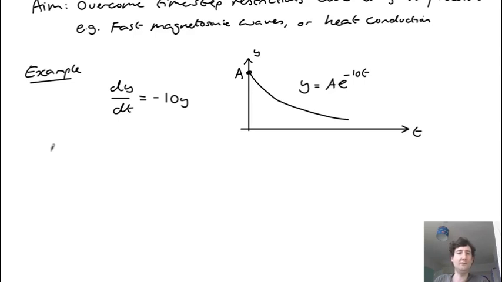These are called explicit schemes. The simplest explicit scheme is an Euler method, but this also includes things like RK4 and Adams multi-step methods as well. So an example, if we try and solve this with an explicit scheme, for example Euler's method.